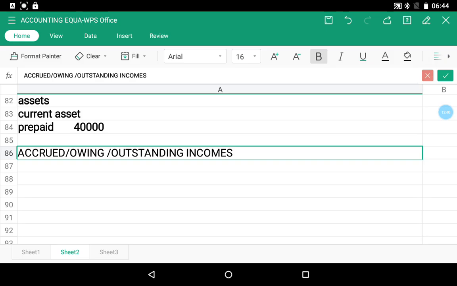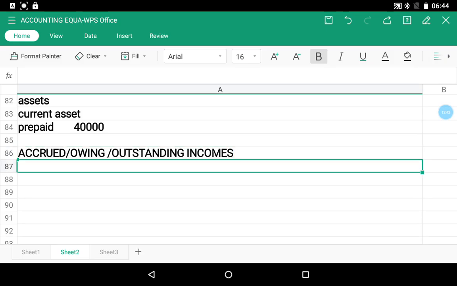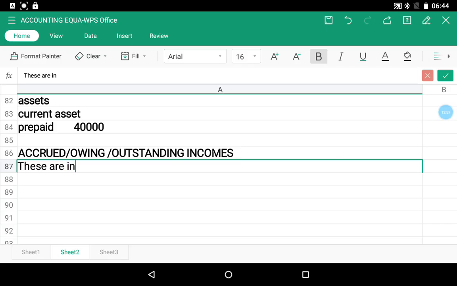So in short, these are incomes earned for, but they are not yet received.